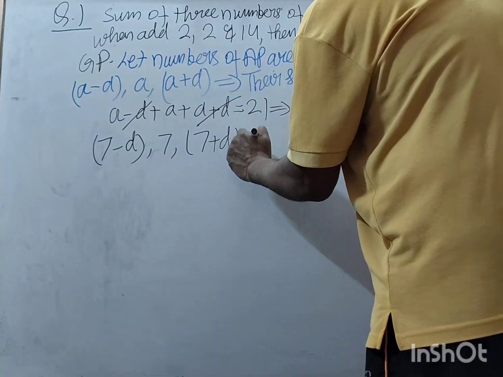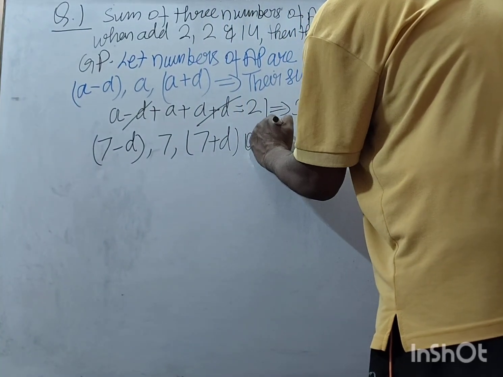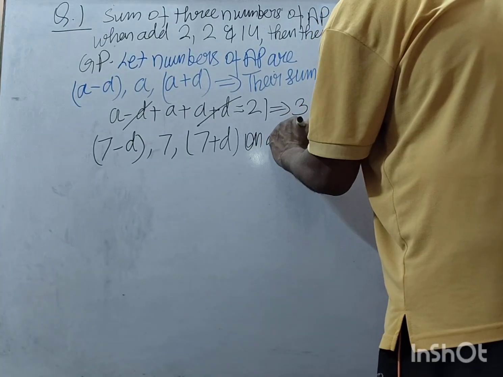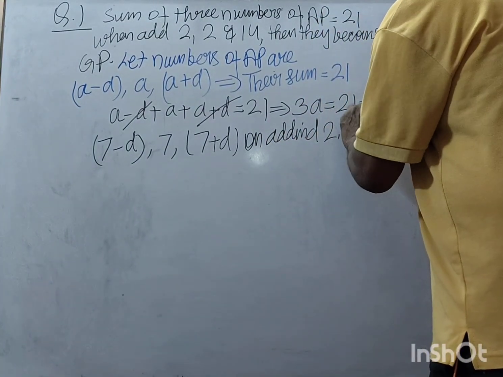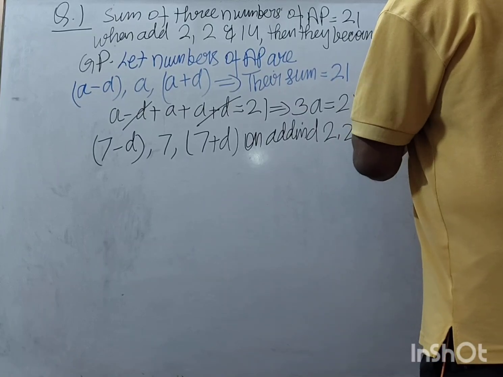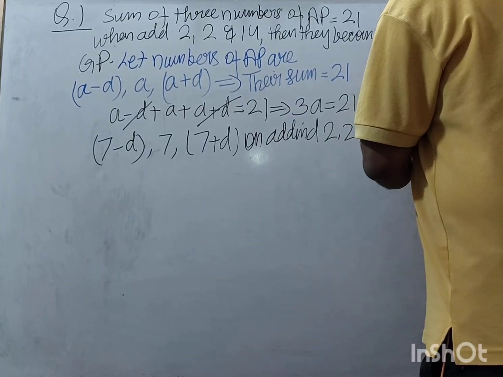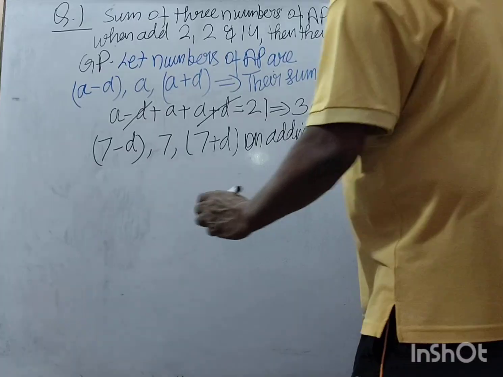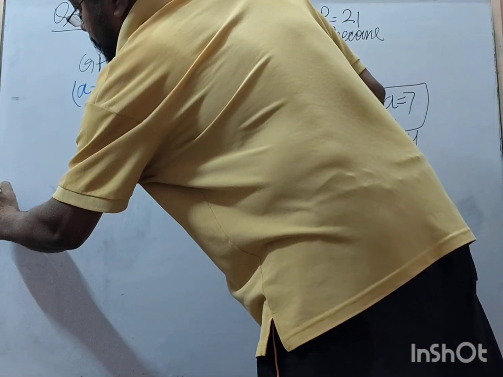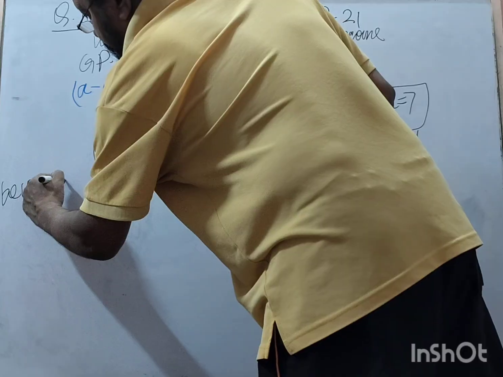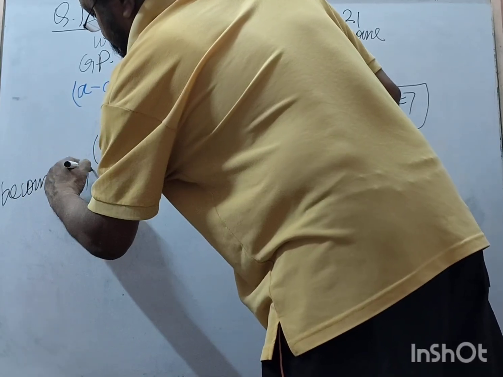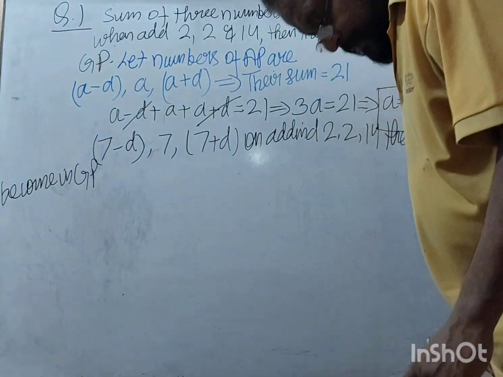On adding 2, 2 and 14, they become a GP.